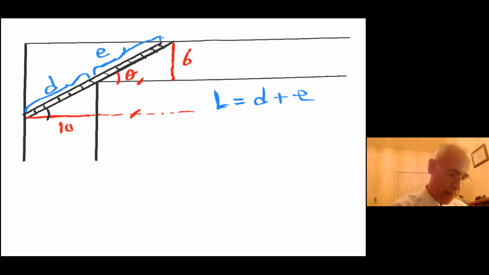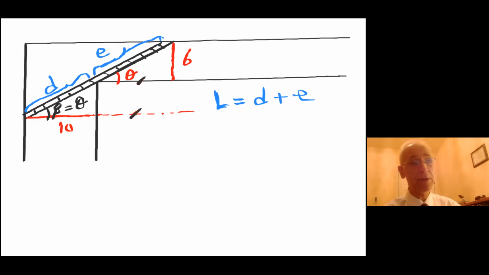Let's say this is beta, so beta equals theta. They are the same angle because these two lines are parallel, and this side right here is cutting two parallel sides. So beta equals theta.